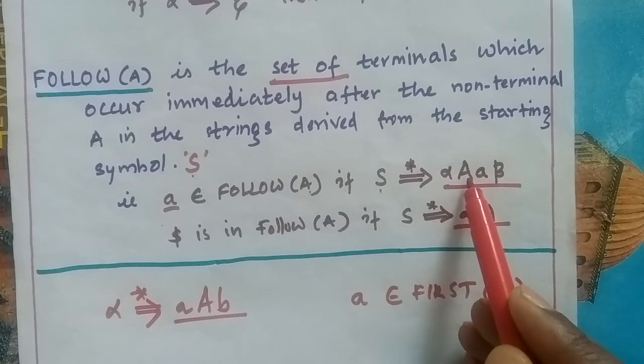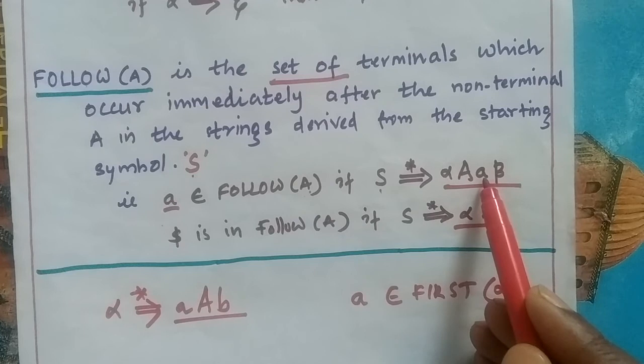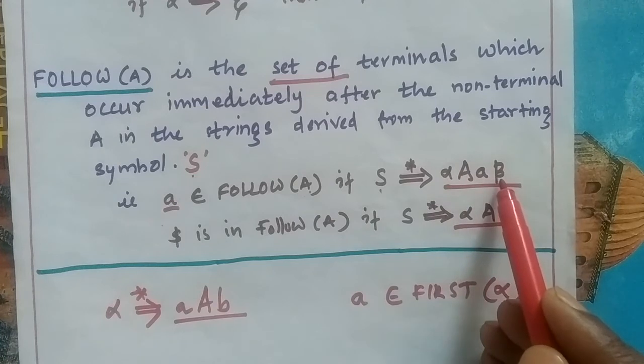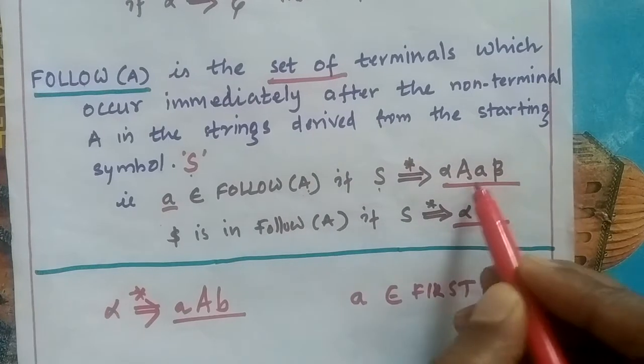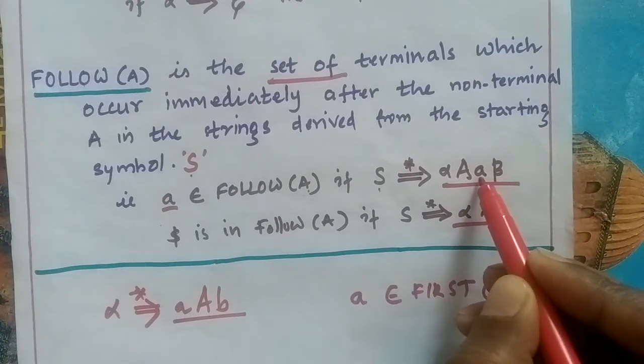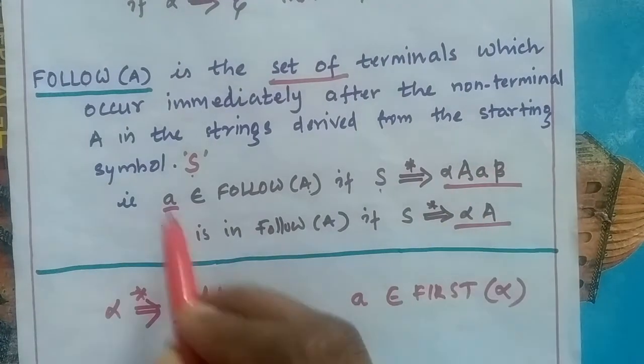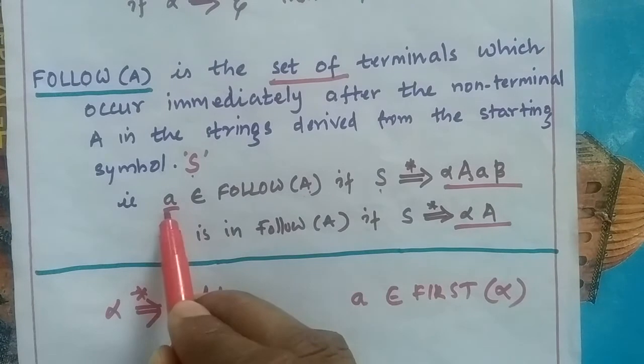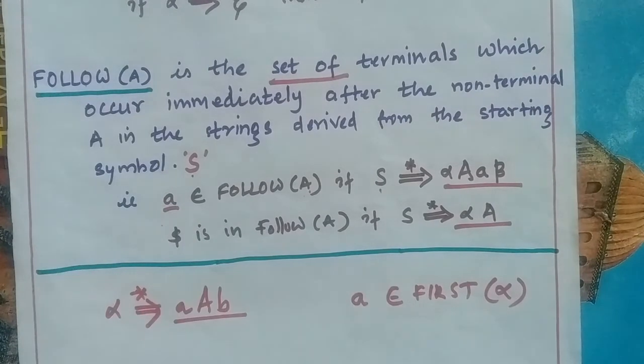Capital A is a non-terminal, small a is a terminal symbol, and beta is also a string of grammar symbols. Here the terminal small a is immediately after capital A. That is why follow of A contains small a.